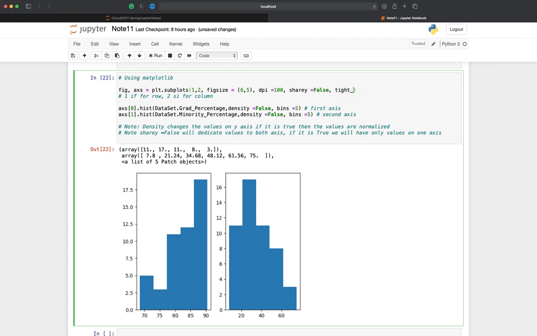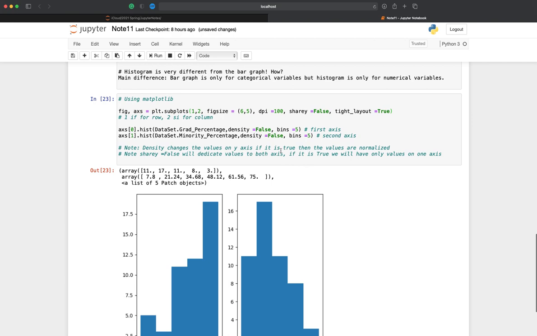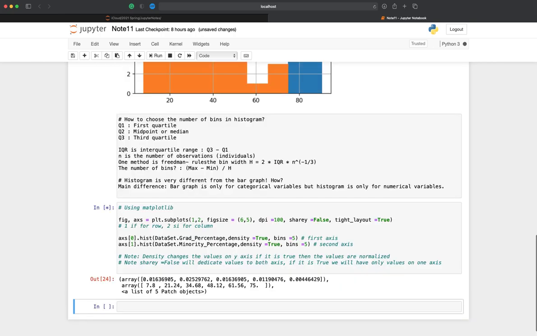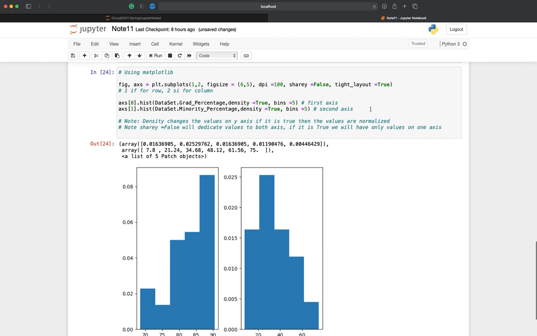Tight layout equal true. Let's see what happens. Nothing happens, right? But let's change this density to true, because if I change the density to true, I will have big numbers here. Look, now there's more distance between these two plots, even though the number is big.